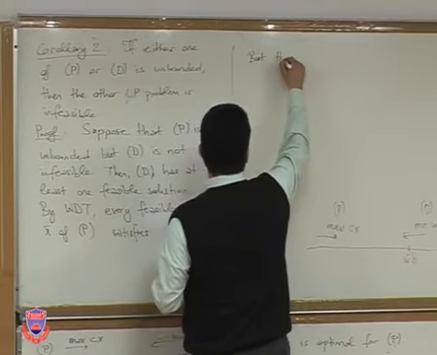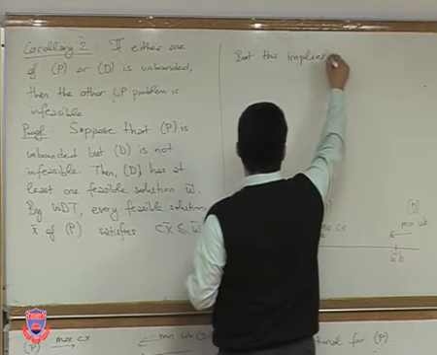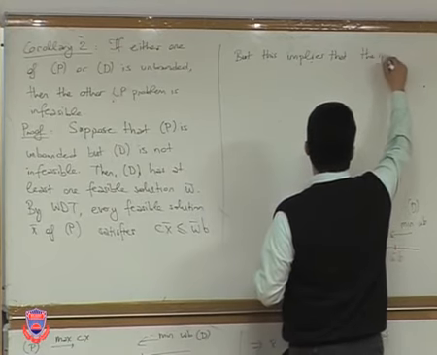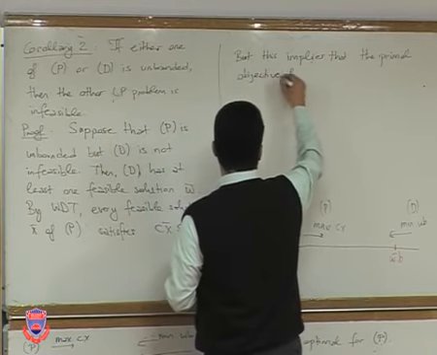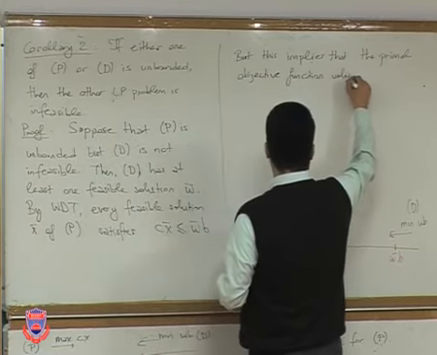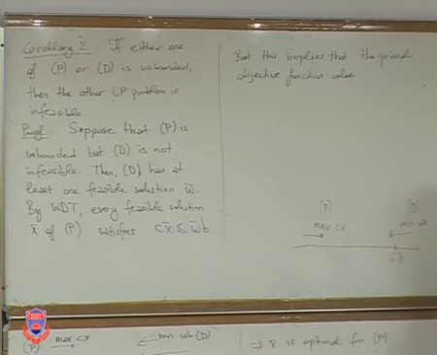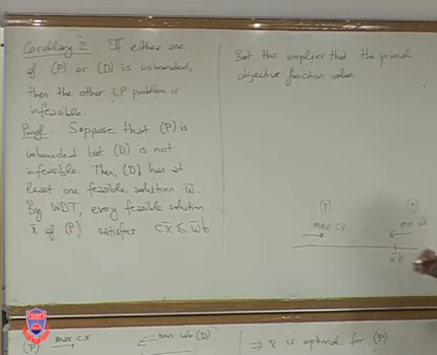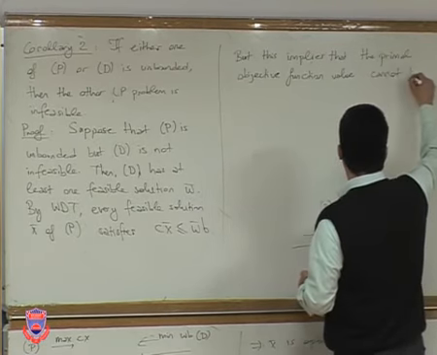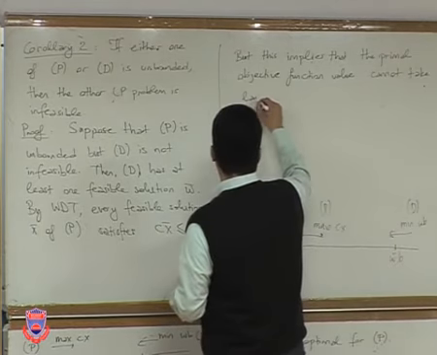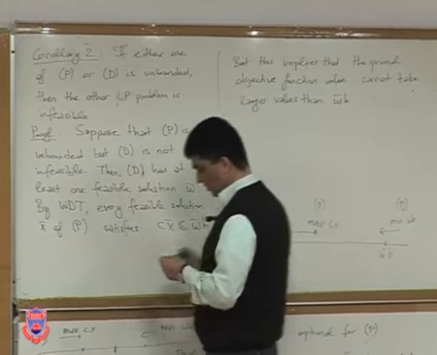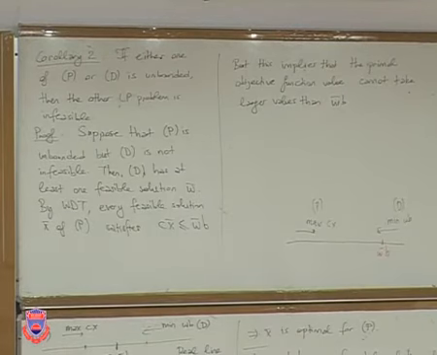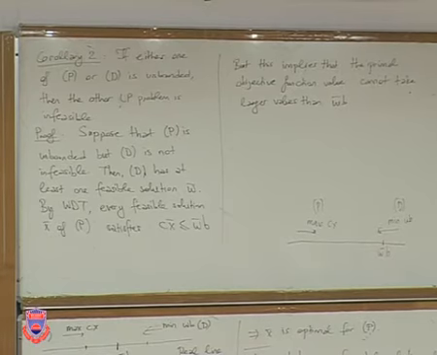So, but this implies that the primal objective function value cannot take larger values than W bar times B. So which means that my objective function value is bounded above, basically, for the primal problem.